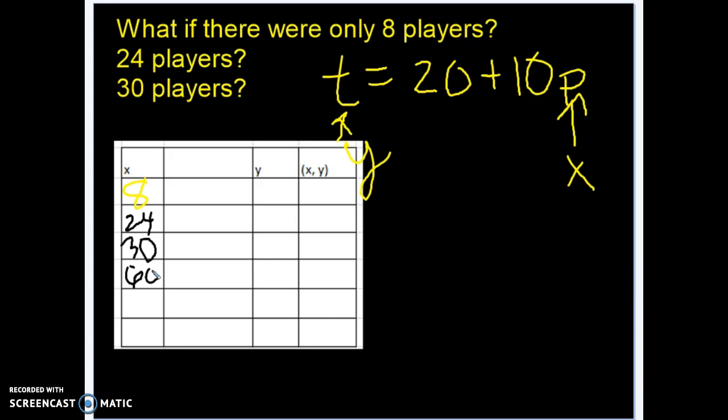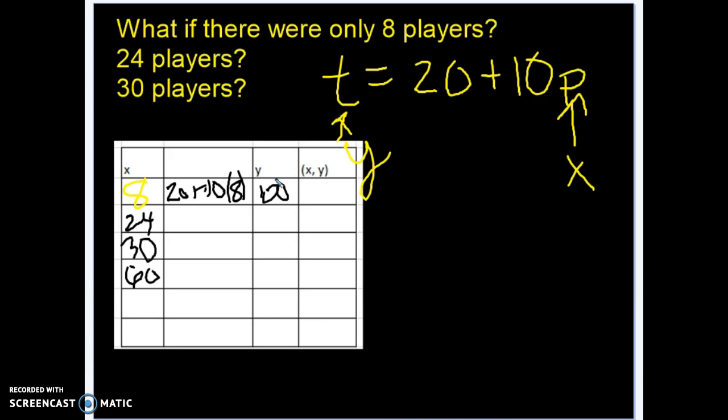We can use this same formula for any number of players. We can simply do 20 plus 10 times 8. Well, 10 times 8 is 80, plus 20 is 100. So for 8 players, the total cost would be $100.